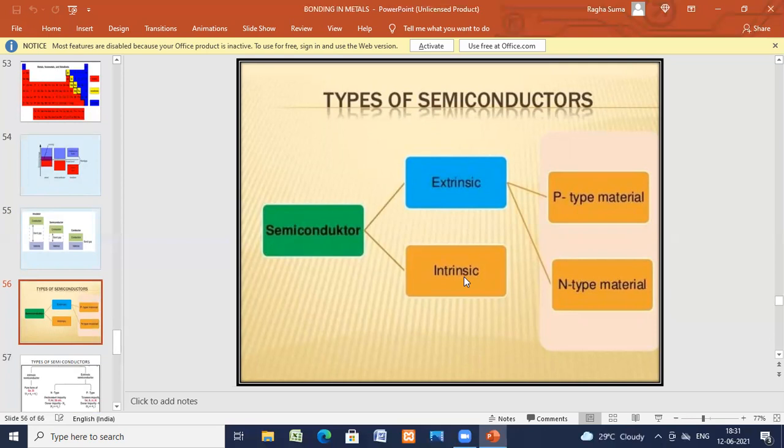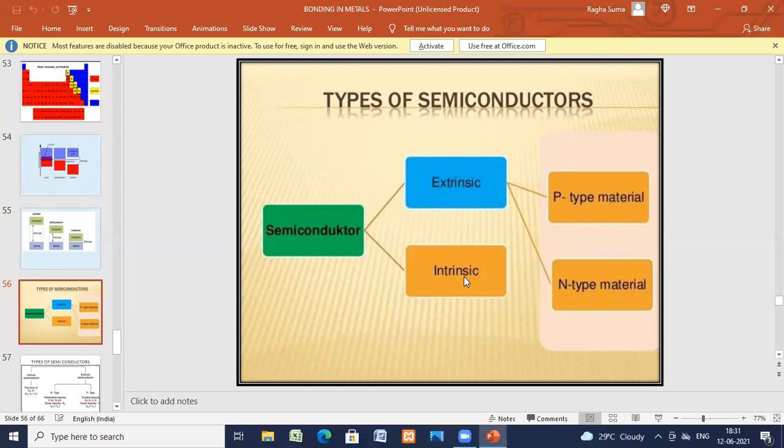This phenomenon is electron hole pair generation.